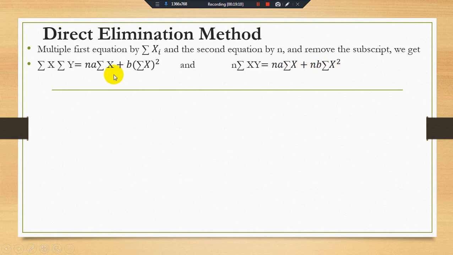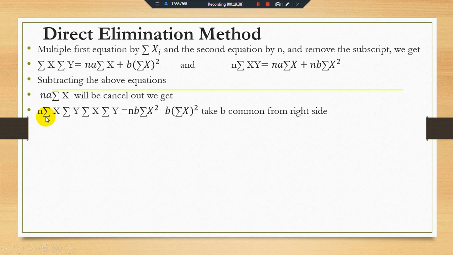Okay, now subtract this equation from this equation, keep it in mind, and we get this. When you are subtracting this equation from this, this will be minus and this will be plus. So these n a summation x will be cancelled out, and we have n summation x summation y minus summation x summation y.